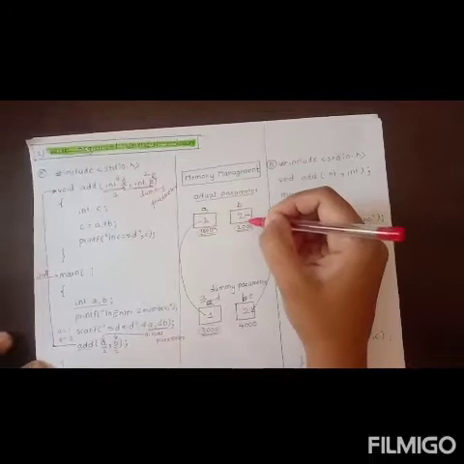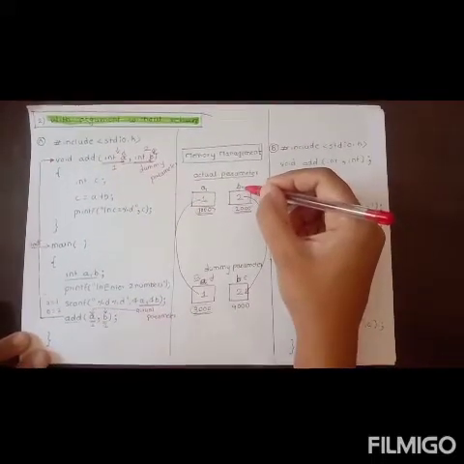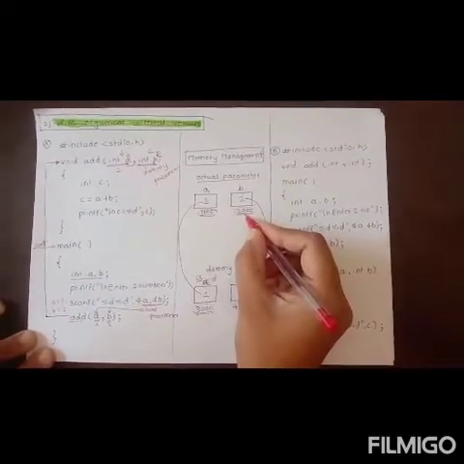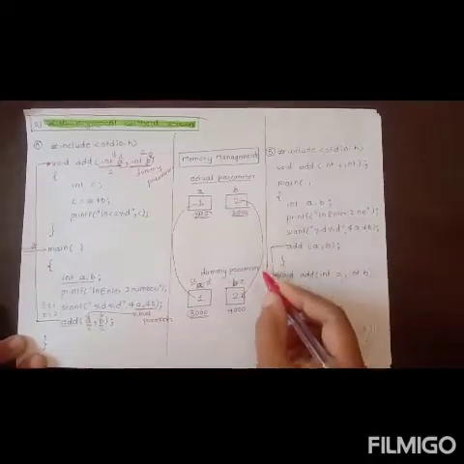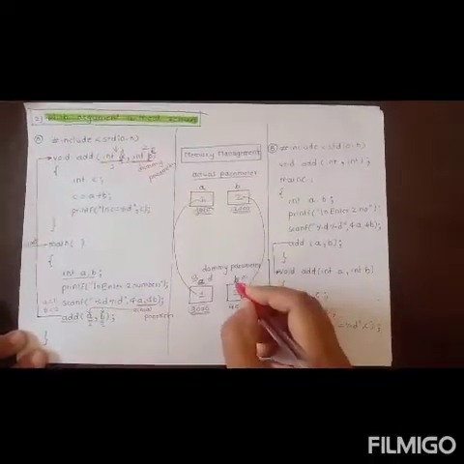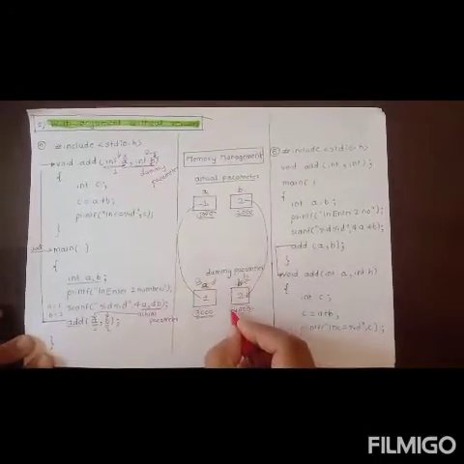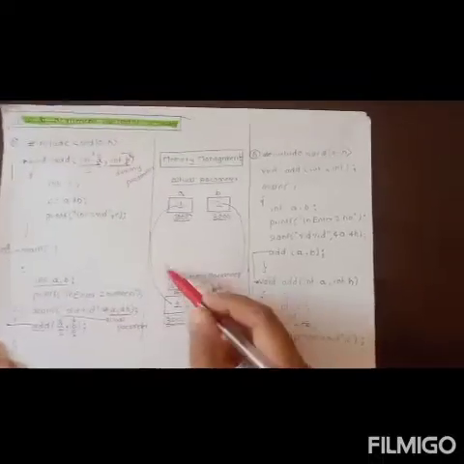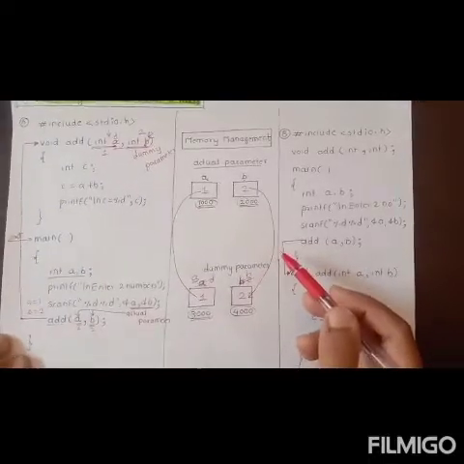This b is assigned with value 2, and the memory assigned for that is 2000. Now we are just passing this b value to another b variable, which is stored at memory location 4000. So this a is different, this b is different.